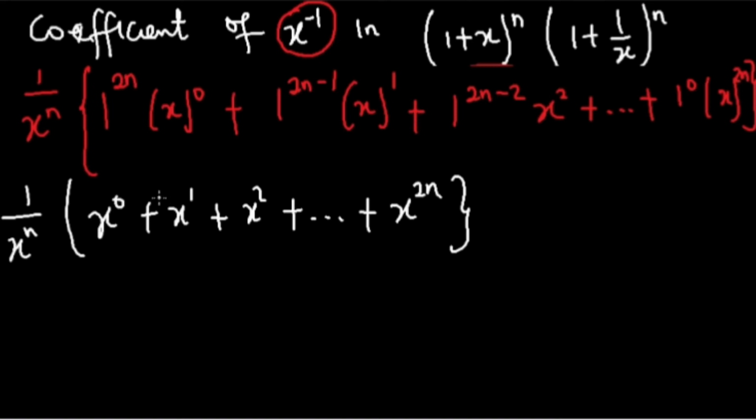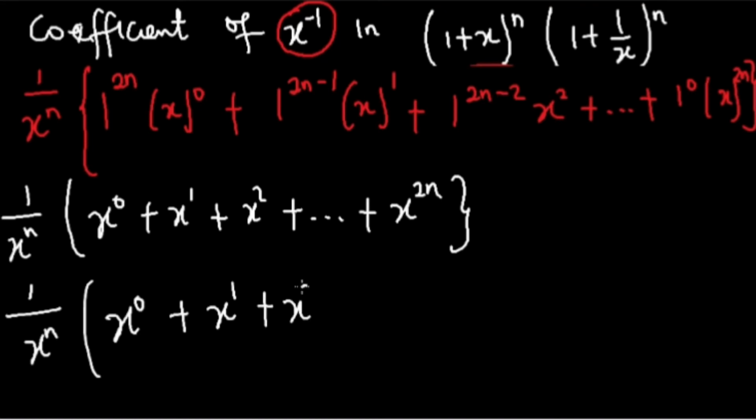That means the one in front of it will give us a number that is preceding. It means that if I have 1 over x^n, we have x^0 plus x^1 plus x^2, to the point where we now have x^(2n-1) plus x^(2n).